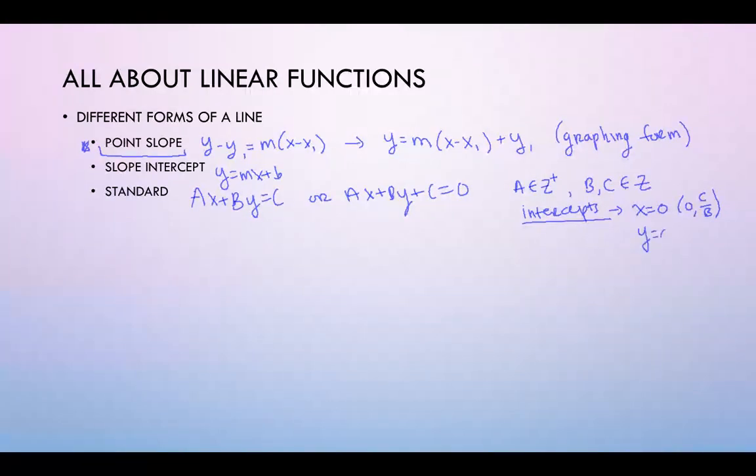When y equals 0, you're going to end up with c over a, right? And I don't know if c is positive or negative. You would have to figure that piece of it out. The other thing, if you wanted to find the slope, we talked about how it was, and this came up when we were doing systems as well, the opposite of a over b.